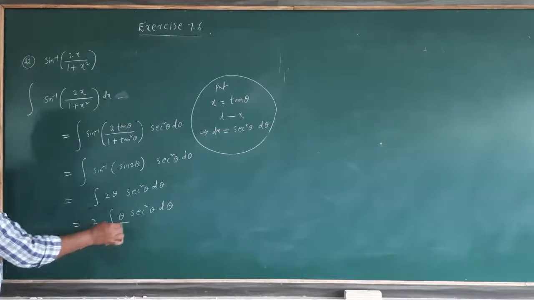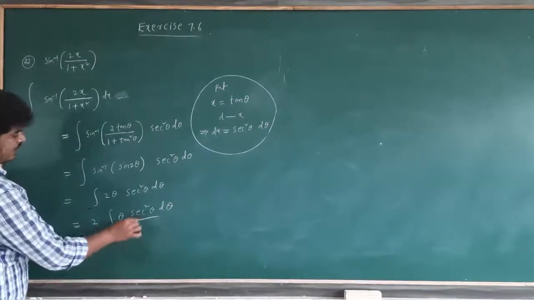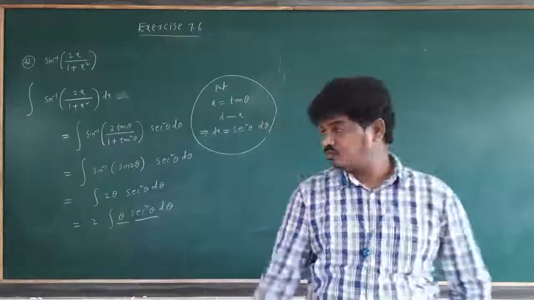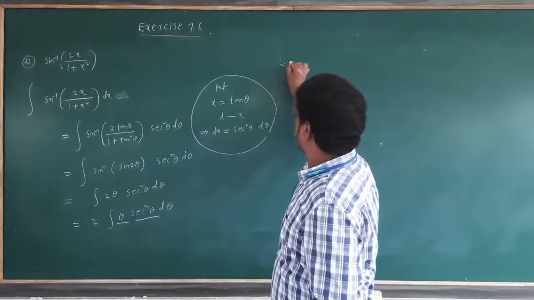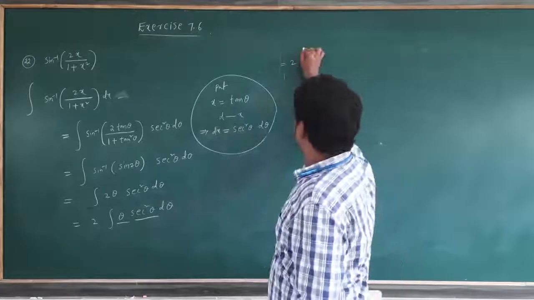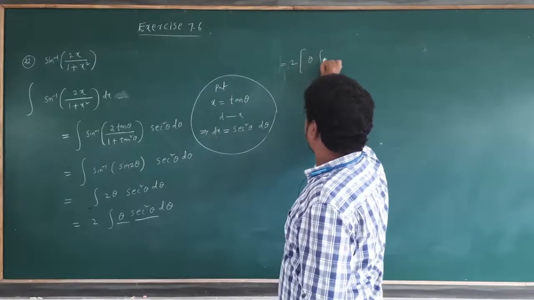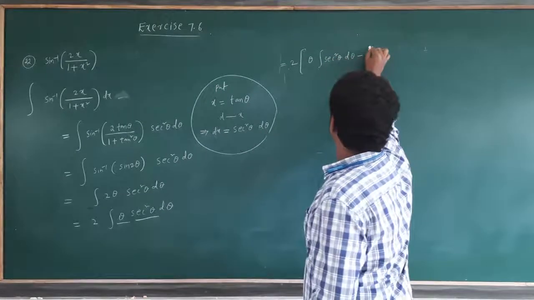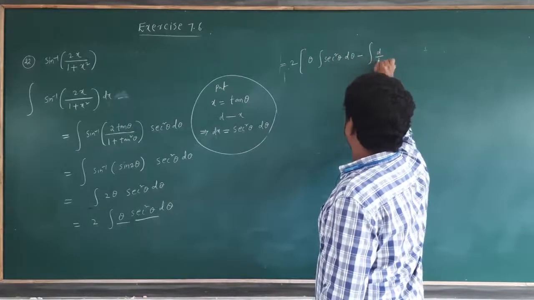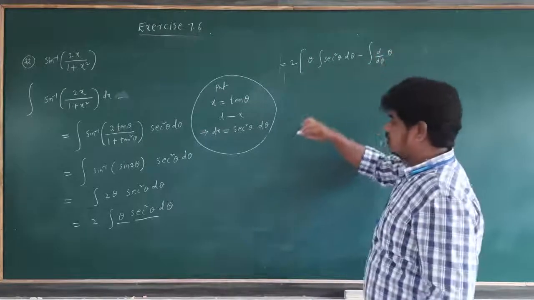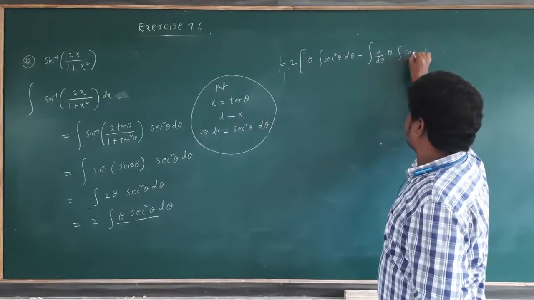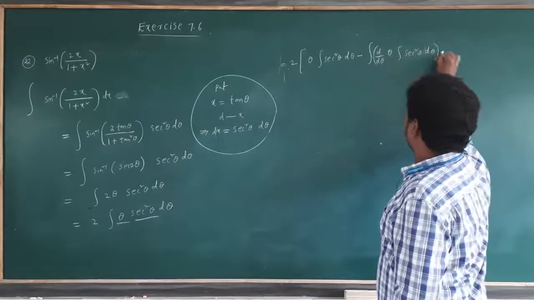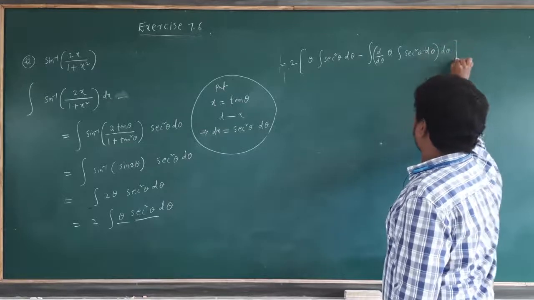Here theta belongs to algebraic, secant square theta belongs to trigonometry. So what can we write? Note it, change order. First function into integral of second function minus integral of the derivative of first function into integral of second function d theta, whole d theta.